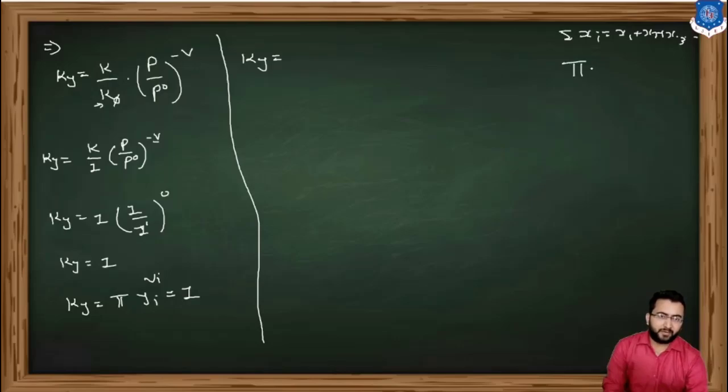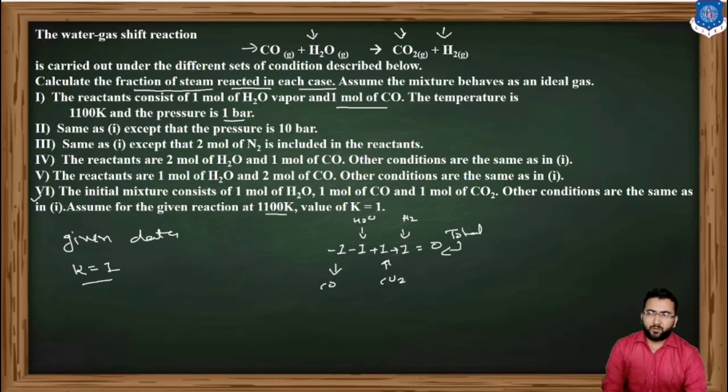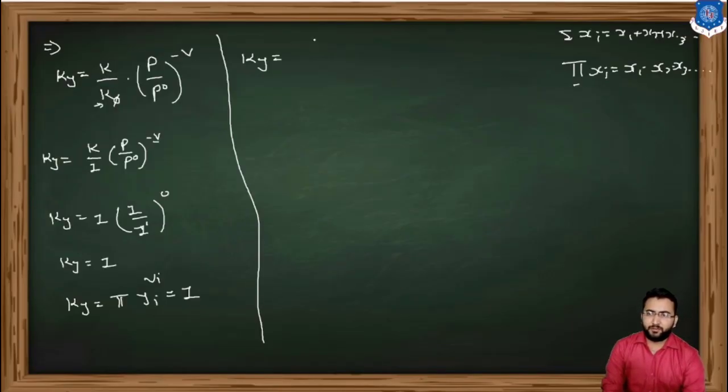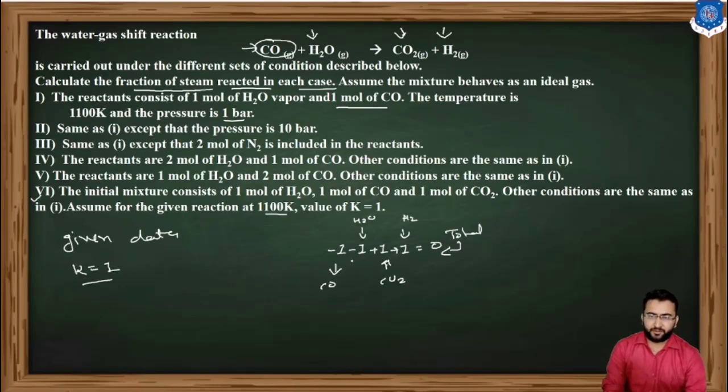Similarly, capital Pi becomes x1 into x2 into x3. So the meaning of Pi is the multiplication over each component. How many components? There will be 4 components. So first let's write for CO: y of CO, with the stoichiometric number of CO being minus 1.